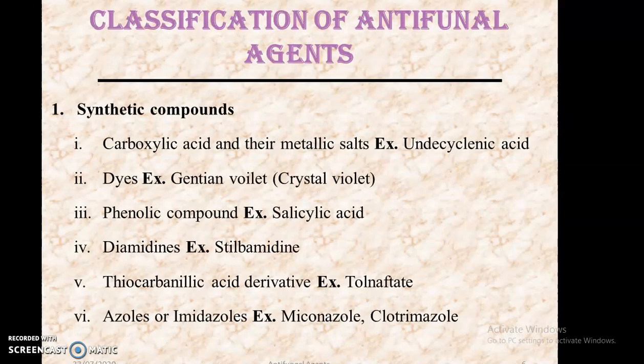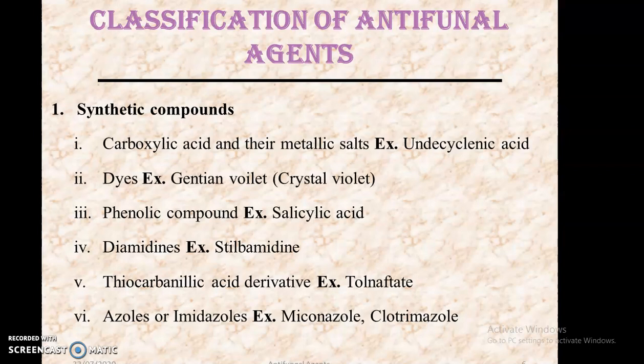These antifungal agents are classified as follows. First, synthetic compounds. Synthetic compounds are further subdivided into carboxylic acids and their metallic salts, example undecylenic acid. Second is dyes, example crystal violet or gentian violet.